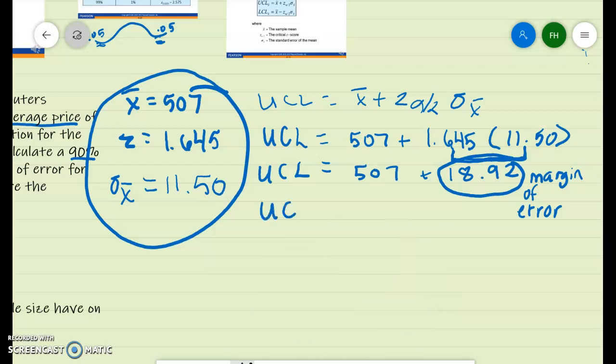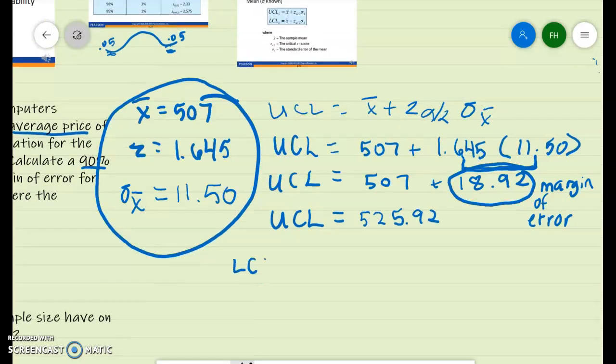Let's go ahead and get our upper. So we're going to do 507 plus 18.92, and we get 525.92. To do your lower, you can go through all the steps again, or what you can do is just take your mean and subtract your margin of error. That's basically what you're doing.